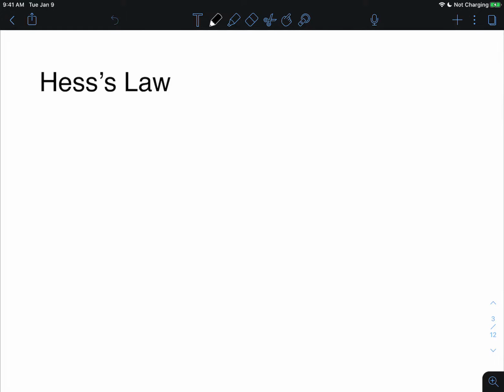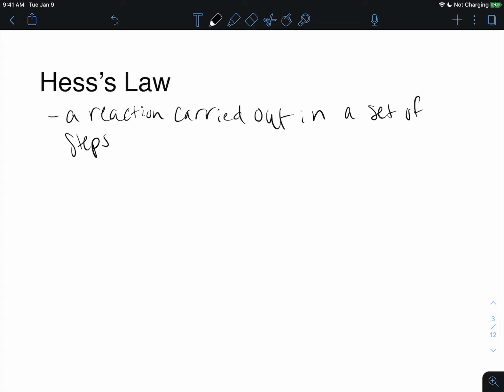Okay, so when we talk about Hess's law, this is when we take a reaction and carry it out in a set of steps. With each step, the different steps can be summed up to give us our overall reaction, and it also gives us our overall enthalpy change.